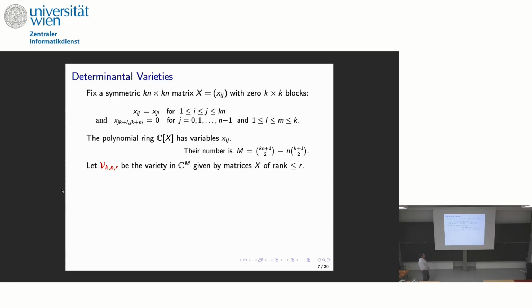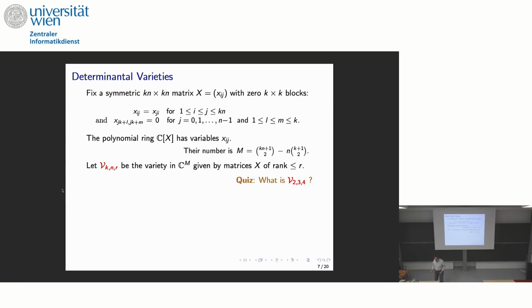These are matrices of this shape of rank at most r. Again, n is the number of blocks. That's the number of particles. It's going to be the number of fields in cosmology. Then k is the size of the blocks. That was 2. It's going to be 2 in the application. And then r is the specified rank of the matrix.